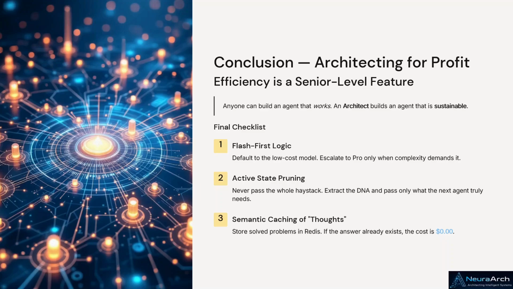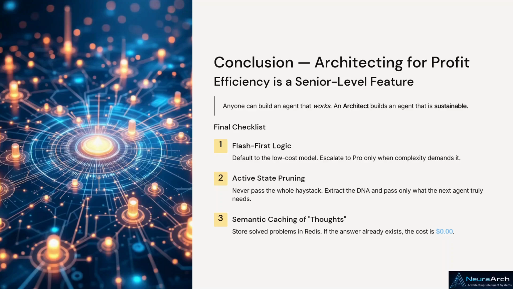So in conclusion, there are three mechanisms to achieve cost saving in agentic RAG. First, selecting the right model that you need for every node in your agentic RAG, the decision between the flash model and pro model.